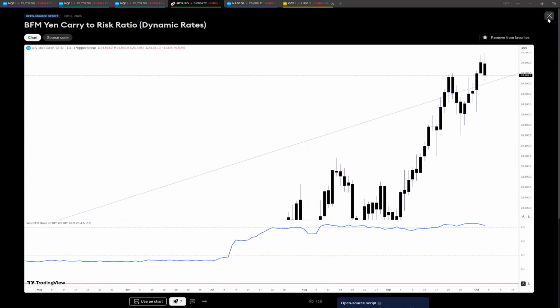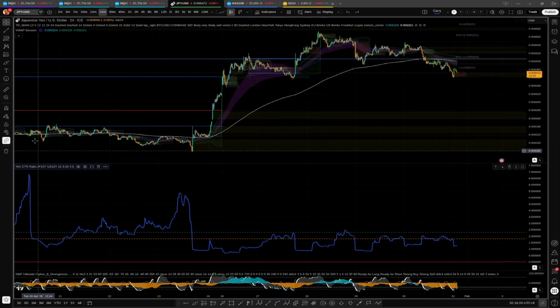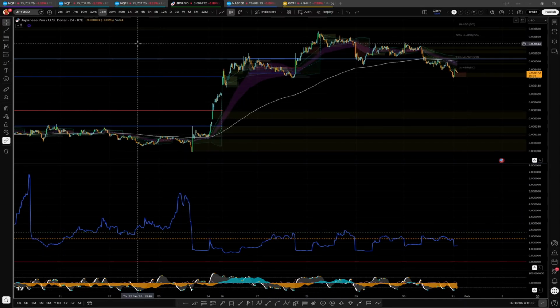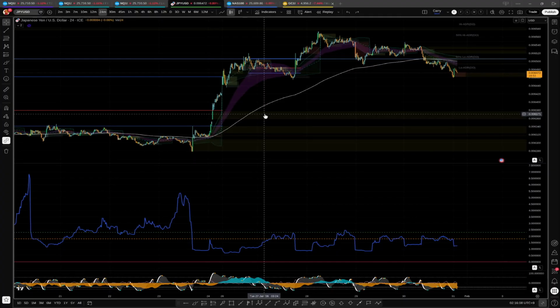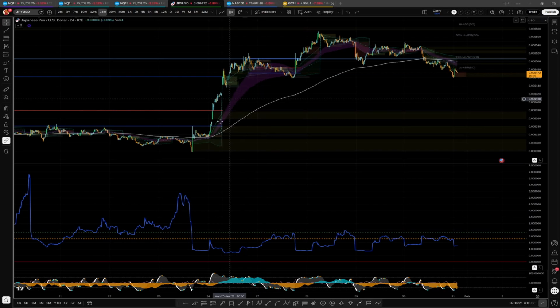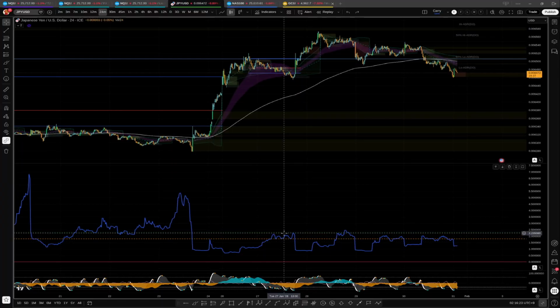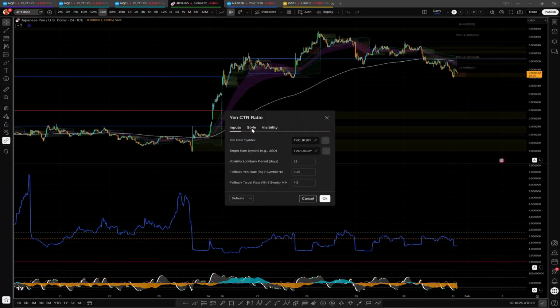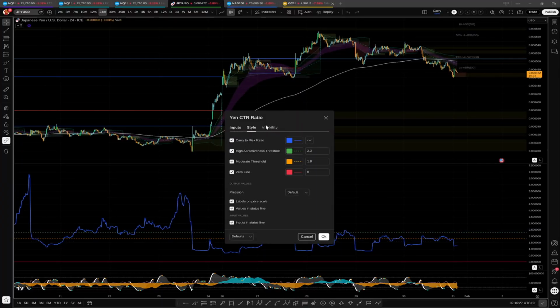This visualizes, in a sense, how lucrative it is for money to be flowing into yen and out of risk, or out of yen and into risk.